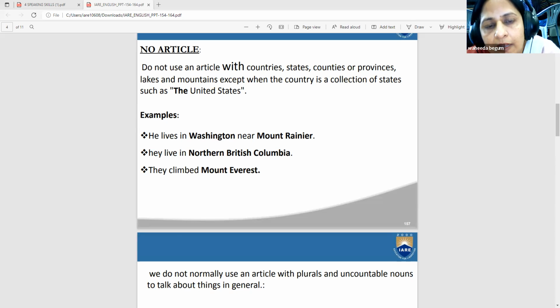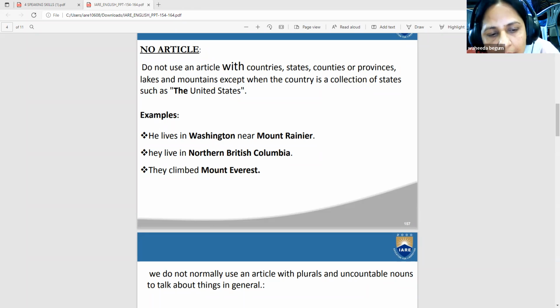You will be given an exercise in which you fill in the blanks with proper articles. There are four options: a, an, the, and no article, that is, definite article, indefinite article, and no article. So how do we omit it?